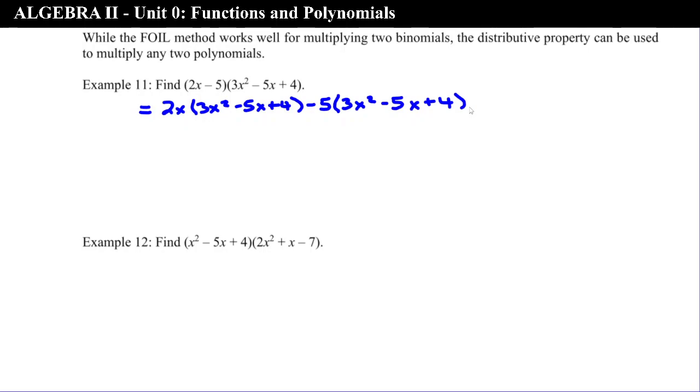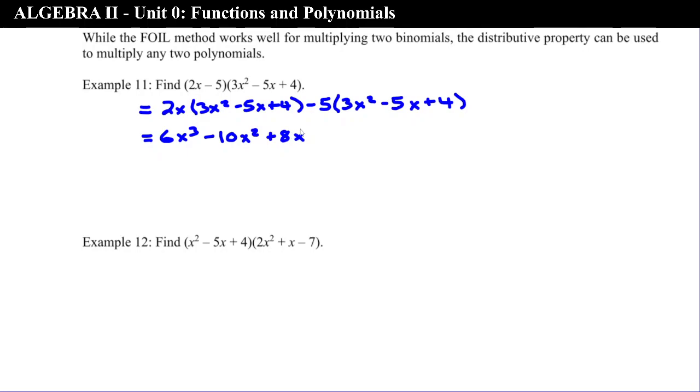And now we're just going to distribute the monomial term to each of our polynomials. So this gives us 6x cubed minus 10x squared plus 8x.